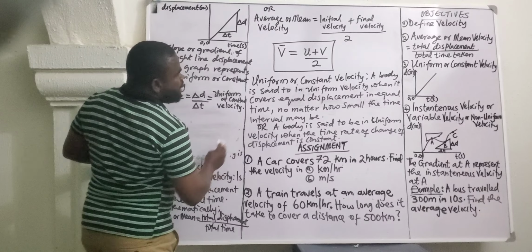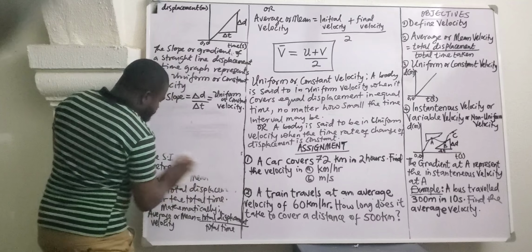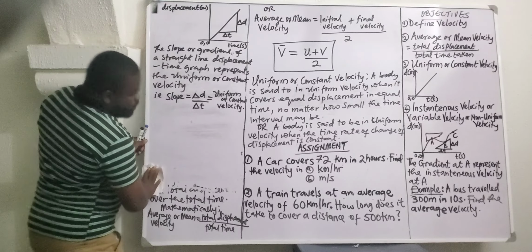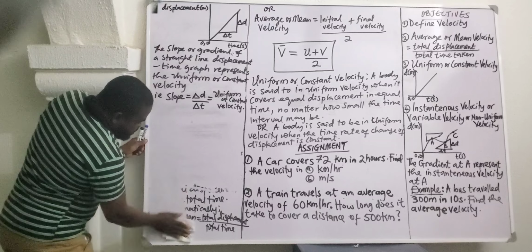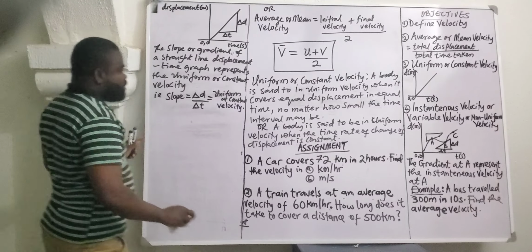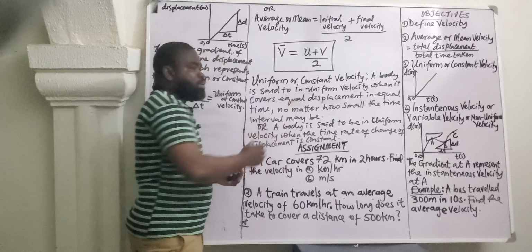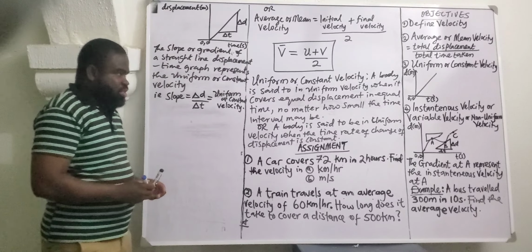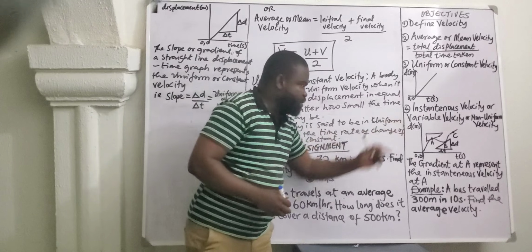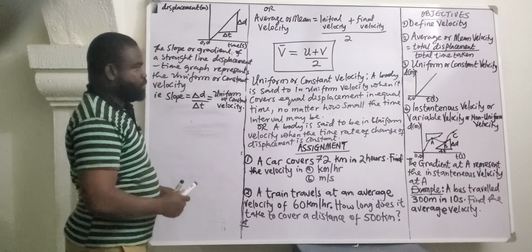Next, we will talk about the instantaneous or variable or non-uniform velocity. Now, we said for the uniform velocity, the body has a straight line motion. However, for a variable velocity, the body will have what? A curve motion.